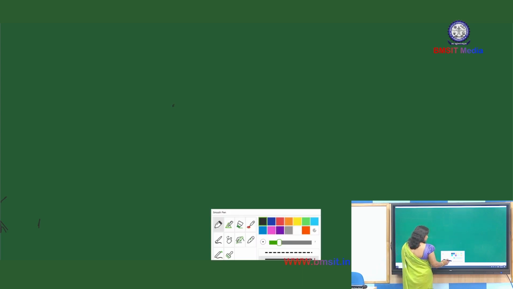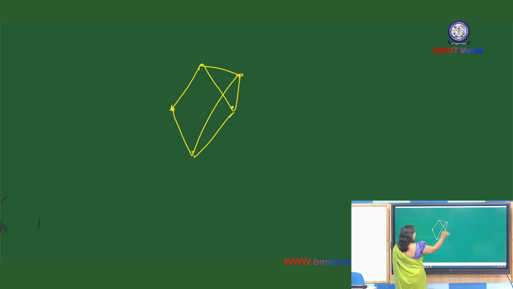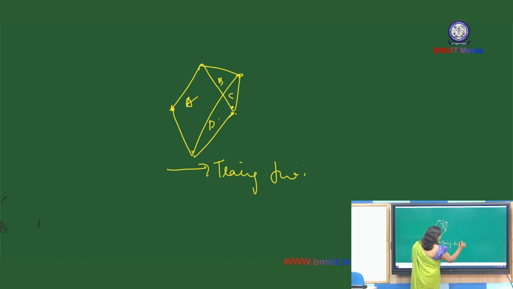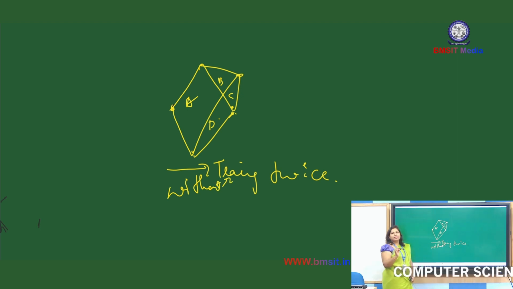For example, I have a point, just like this, and I am moving it from one place to another. So these are the cities A, B, C, D. How am I going to provide a solution without tracing twice?